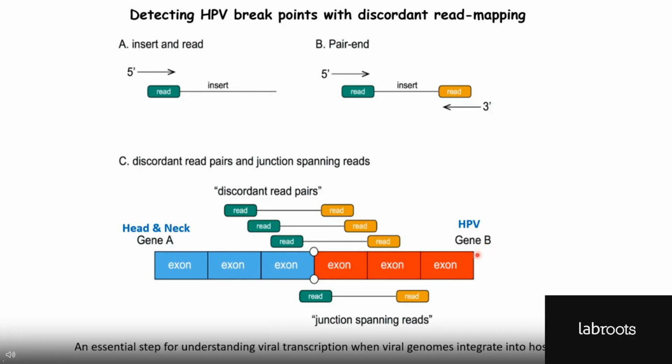So you do a discordant read pair, and you can identify your viral gene and also the host gene, and understand whether these genes are co-regulated by BRD4 transcriptionally in the presence of the inhibitor or not.